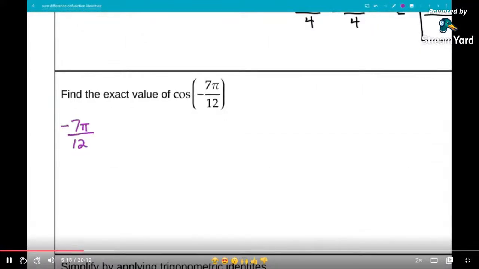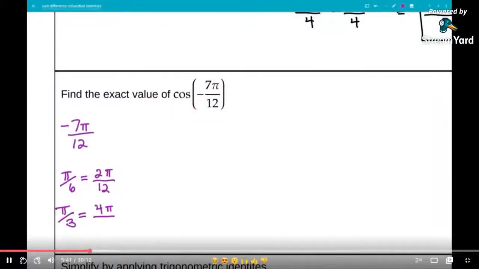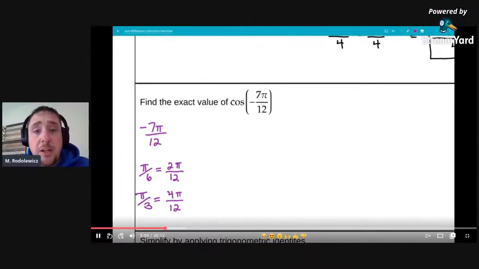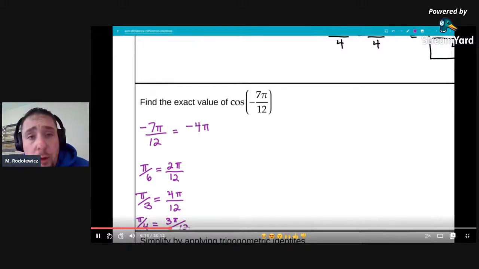I'm going to do another example using the cosine, and I also chose to do an example that includes a negative angle of rotation. When dealing with radians, what's typically a little bit easier is to look at the denominator. In this case, it was 12, and take your common angles of rotation in radians, which are pi over 6, pi over 3, and pi over 4, and write those with a denominator of 12 equivalently.